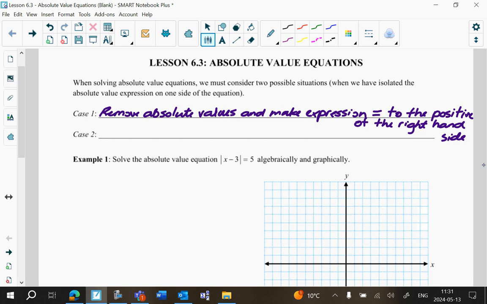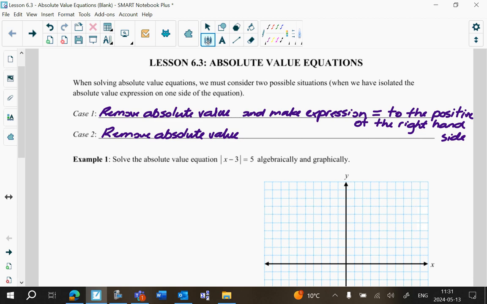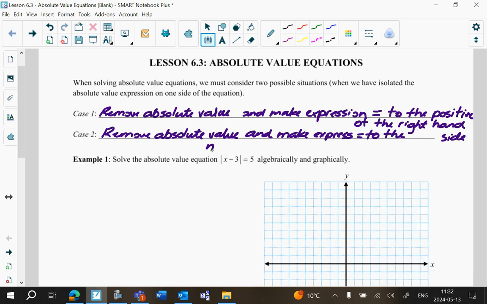And we remove absolute value, I should say absolute value, not values. Remove absolute value and make the expression equal to the negative of the right-hand side. And then you just solve each equation.